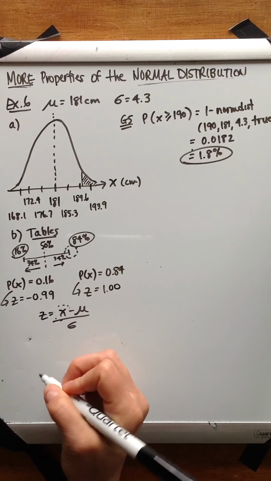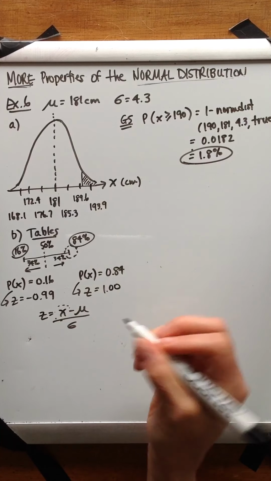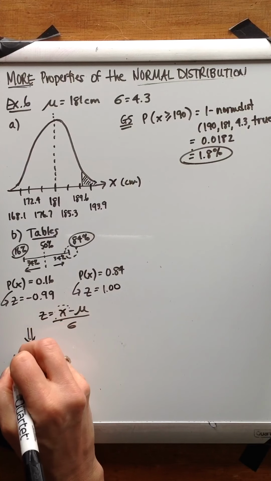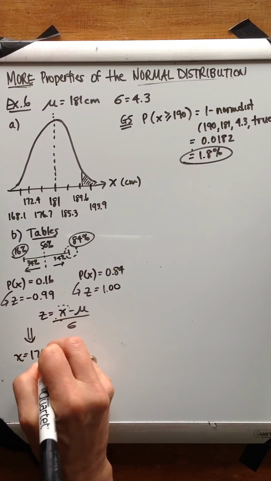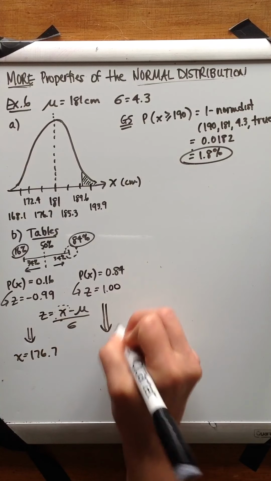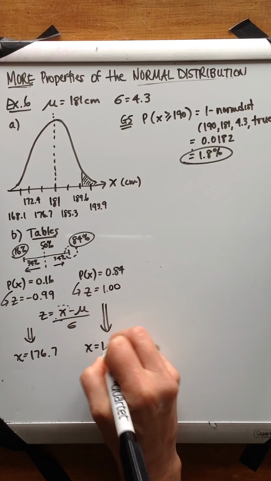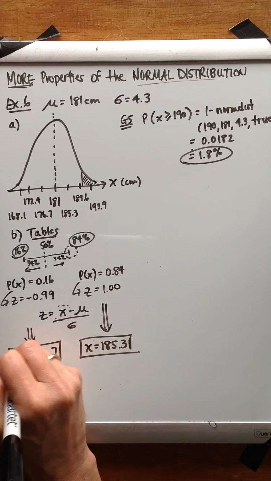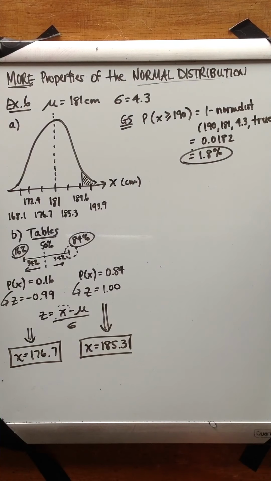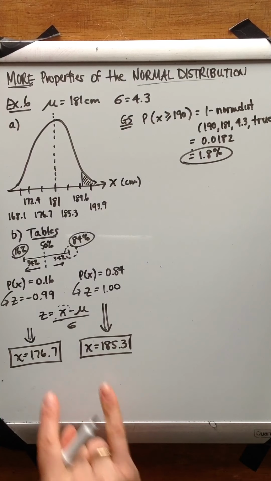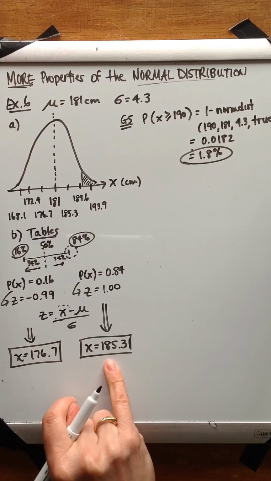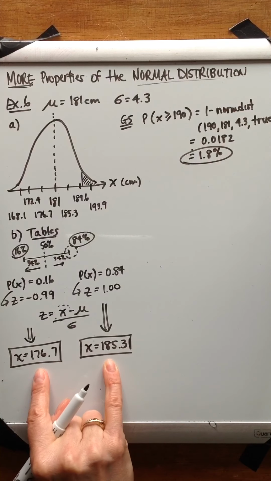I'm going to fast track and not take you through the individual maths because we did an example of that previously, but moral of the story down here is that x comes out to 176.7 and x here comes out to 185.3. And you should check that you can do that. Don't just take my word for it. Okay? So there you go. 68% of males fall between the heights of 176.7 centimeters and 185.3 centimeters.